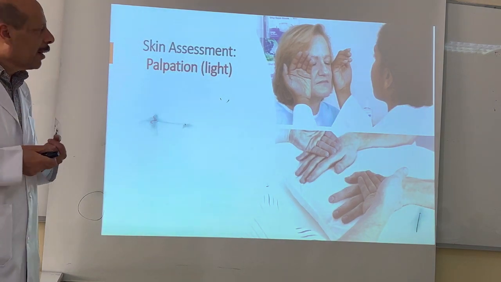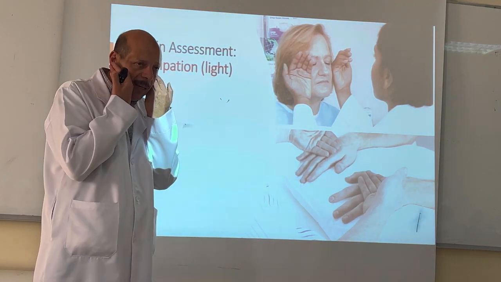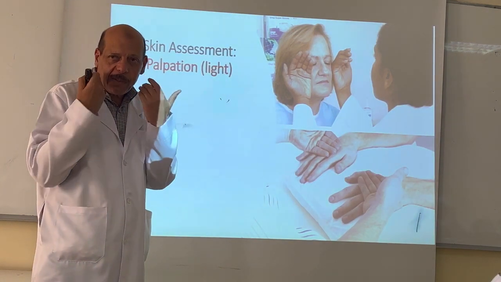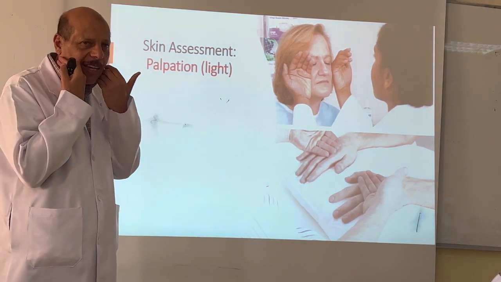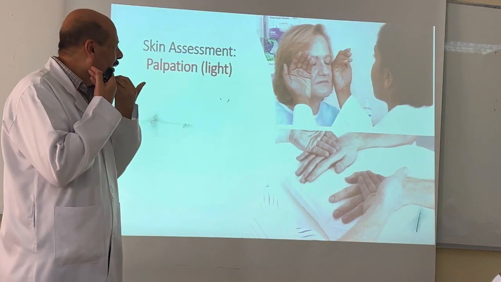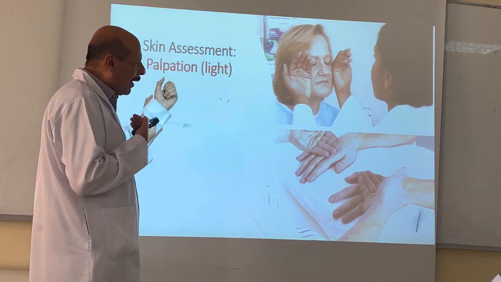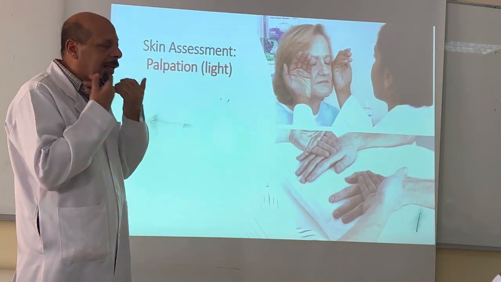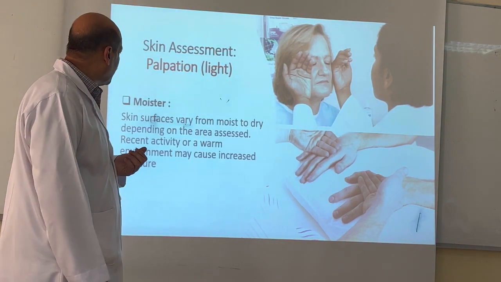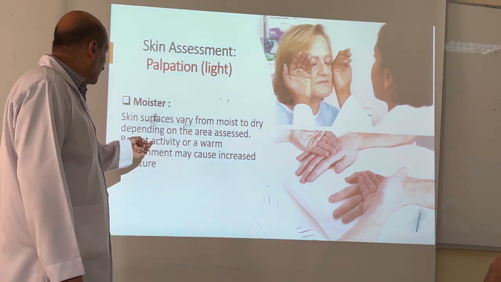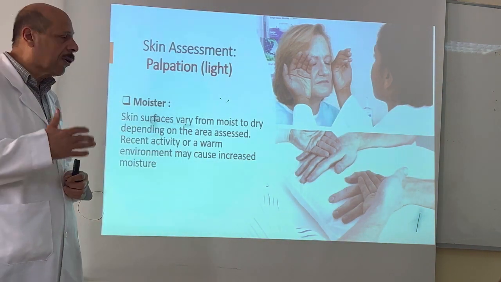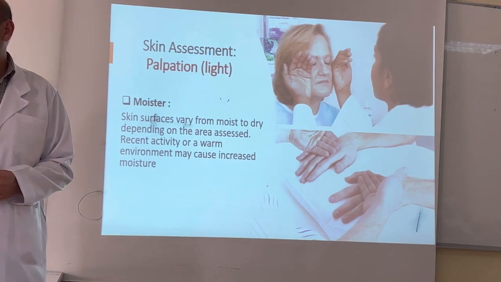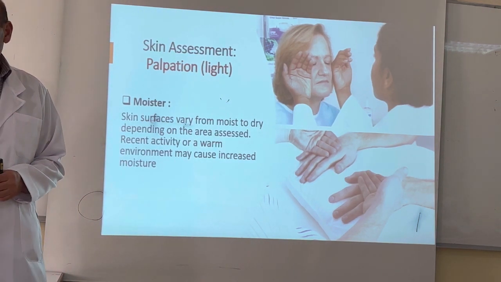When we palpate the skin, we are also seeing first the hotness or coldness. We check the temperature, we can check the temperature also with light palpation. We check the texture. So moisture also. Skin surface varies also, some people have moist skin, some people have dry skin.